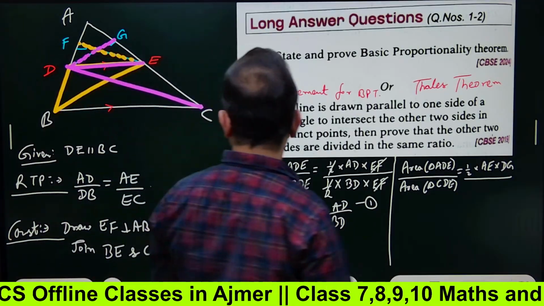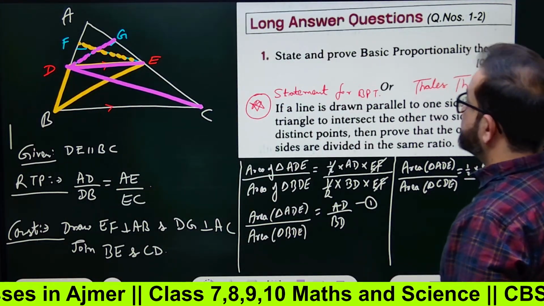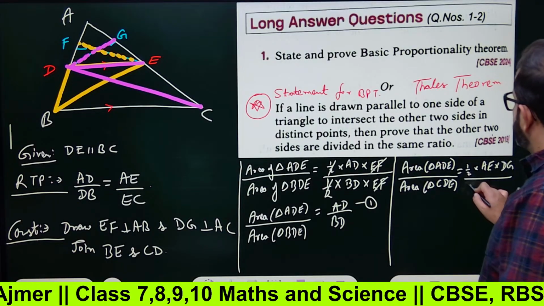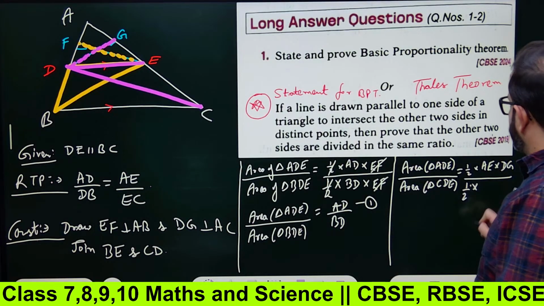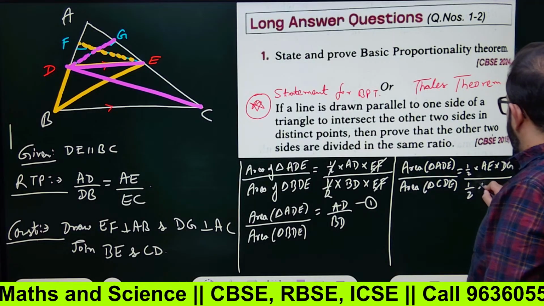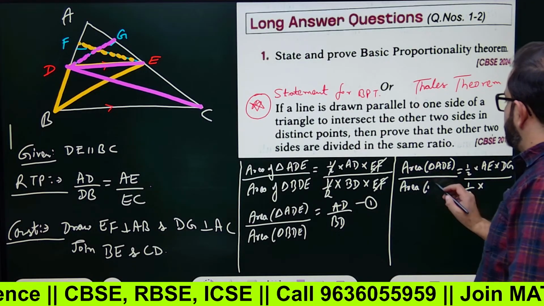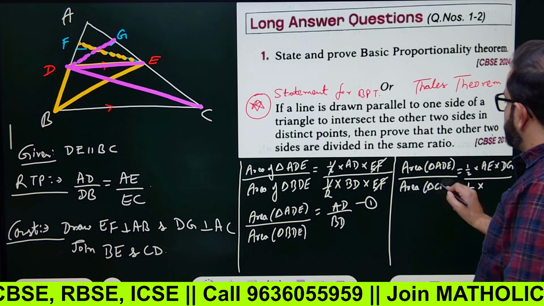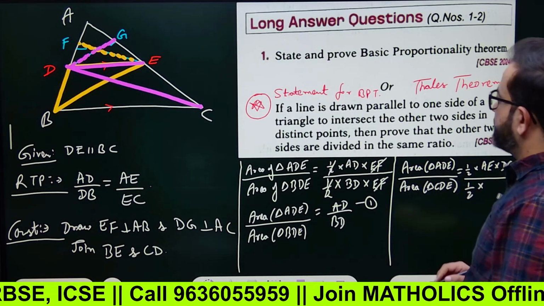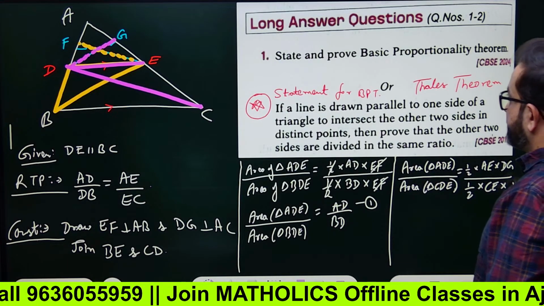Yes, sir. So for triangle CDE, half into base is CE and height is DG.